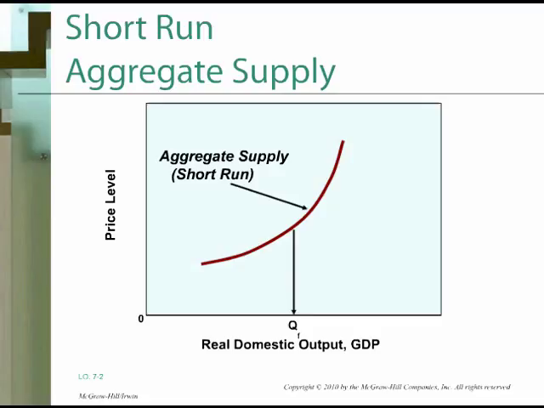The AS curve is relatively flat below the full employment output, because unemployed resources and unused capacity allow firms to respond to price level rises with large increases in real output. It is relatively steep beyond the full employment output because resource shortages and capacity limitations make it difficult to expand real output as the price level rises.